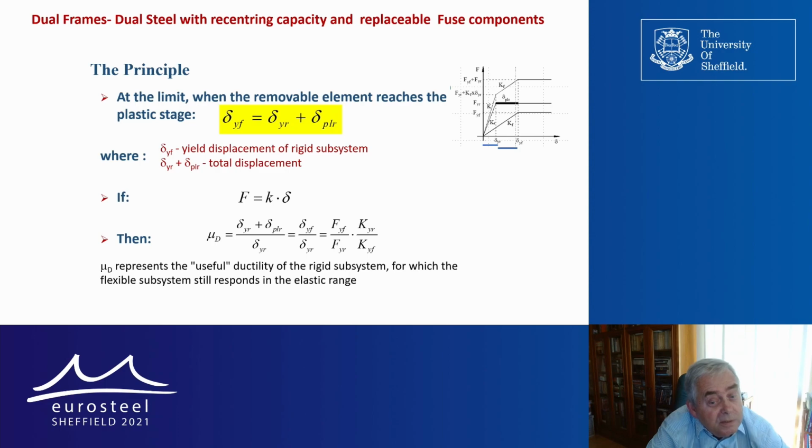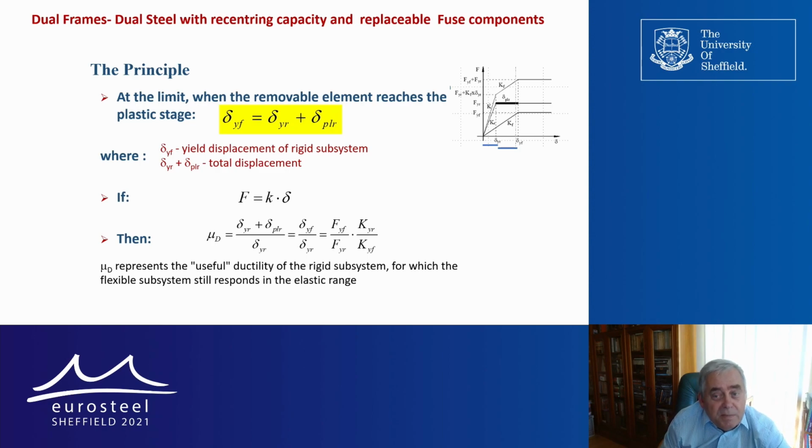It means we could go even further, because the rigid system is capable even to develop some more plastic deformation, but we'll stop here because we are interested to keep the elasticity of the moment frame, which is the flexible one.